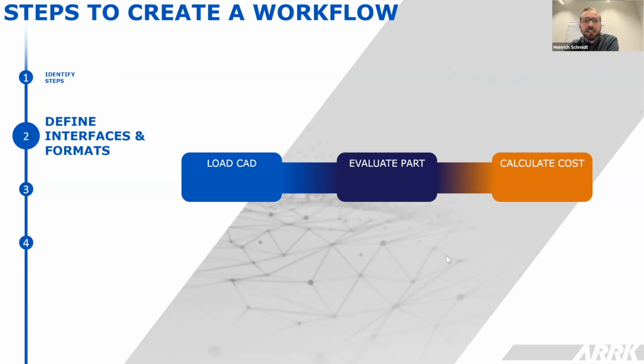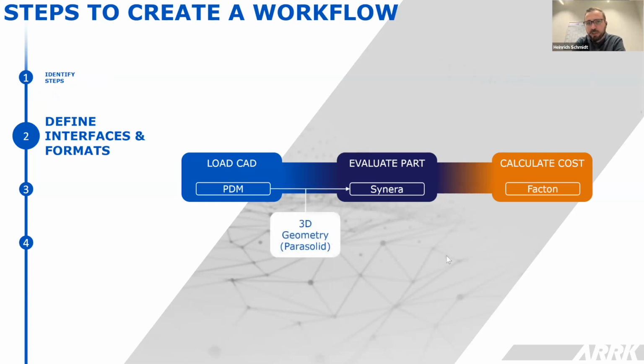Identify the different interfaces and formats. So what tools do we really use? In that case, a PDM system, Sonera, and Facton as a cost calculation tool. And how do they communicate with each other? The PDM system will retrieve some 3D geometry in a Parasolid format, or it could be a CATIA CAD part, and forward it to Sonera or just load it into Sonera.